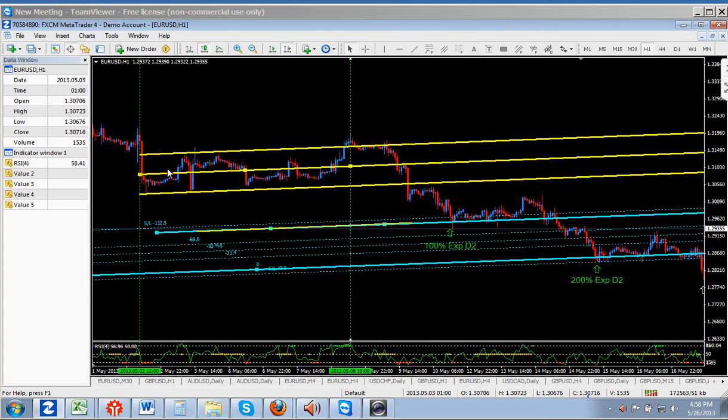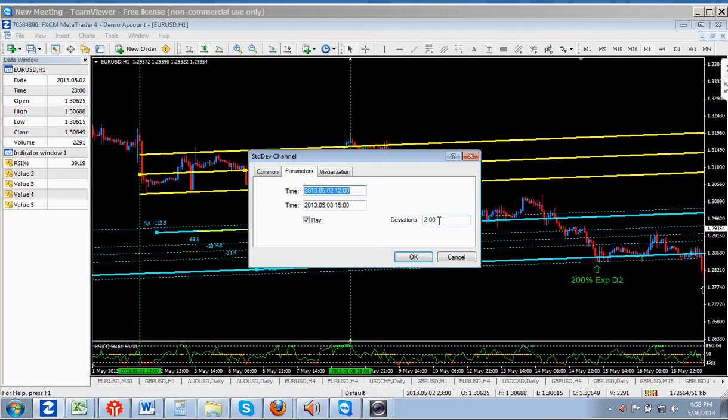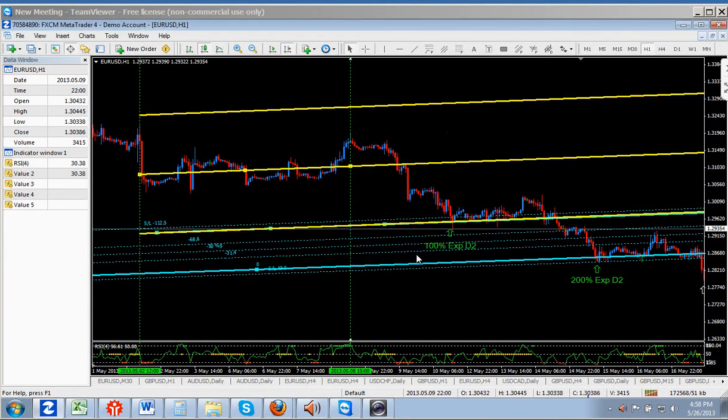Now let's go back to the standard deviation properties and change the deviation to 6. I'll tell you why in a second here. That plots the standard deviation's lower channel at the 100% expansion.